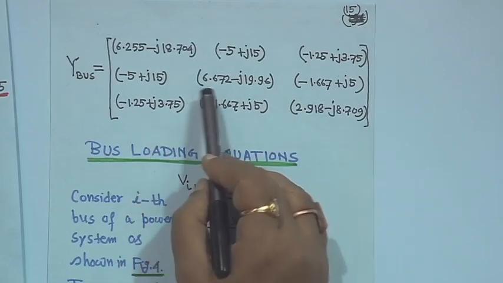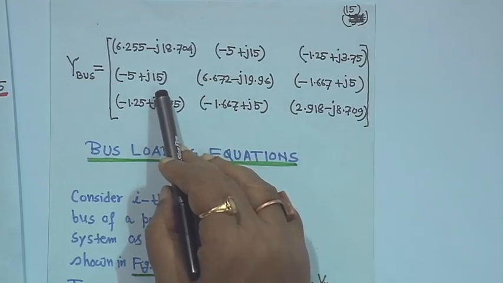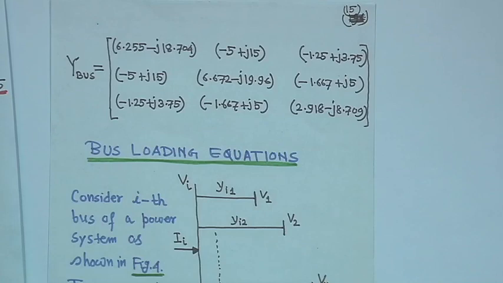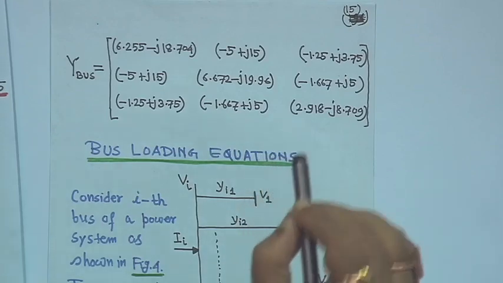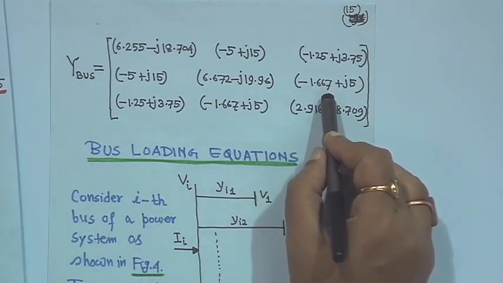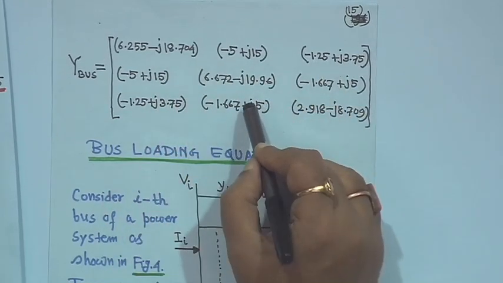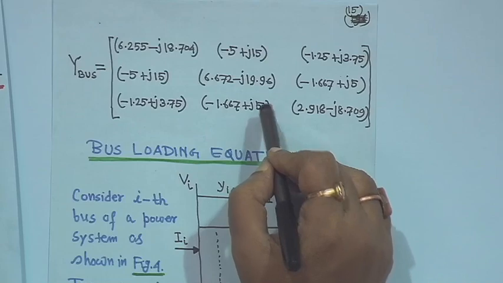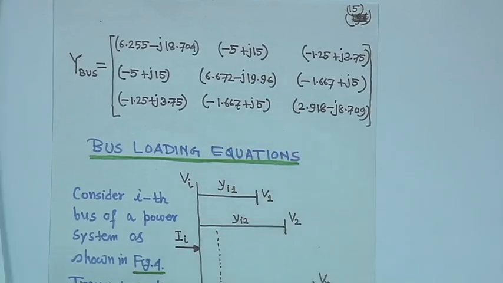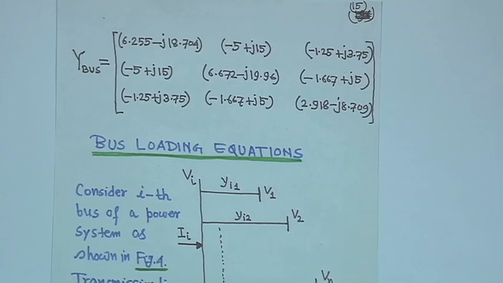Similarly here also, all other things will be cancelled. Only thing is that when you are calculating it, check the decimal places correctly, right. Then you will find this, and in that case you can assume that your Y bus calculation is correct, right. So, this is actually a small example for Y bus computation, right.